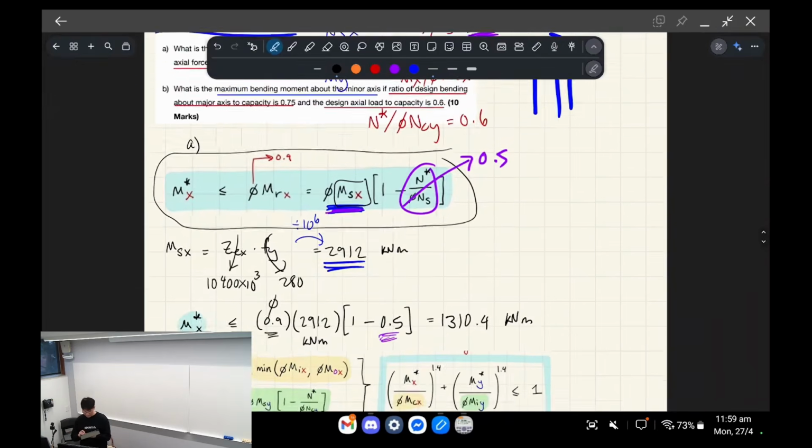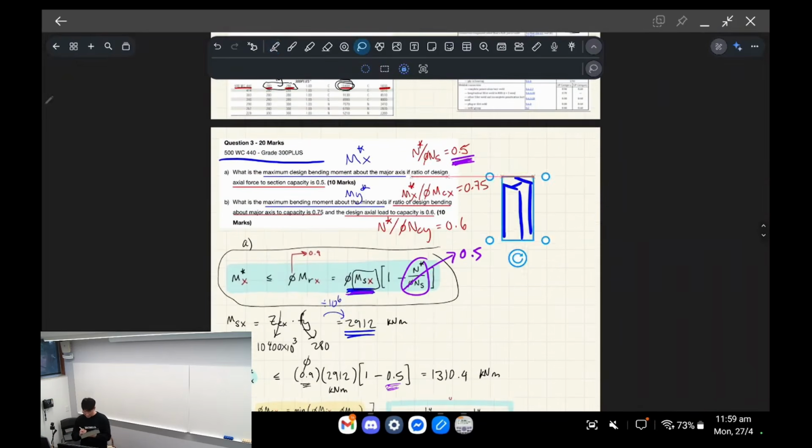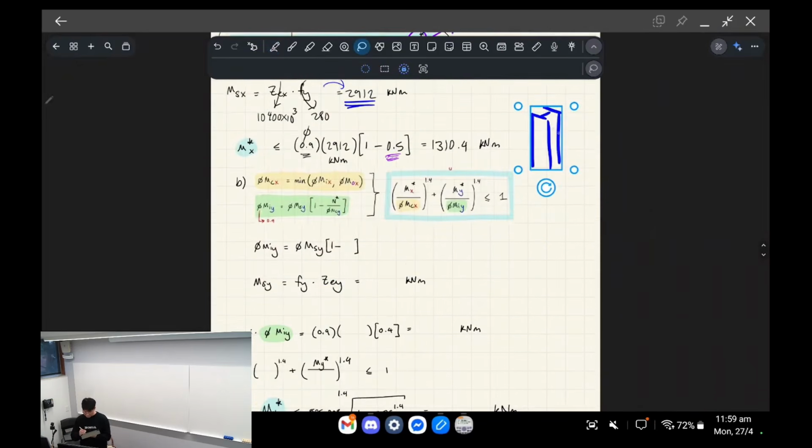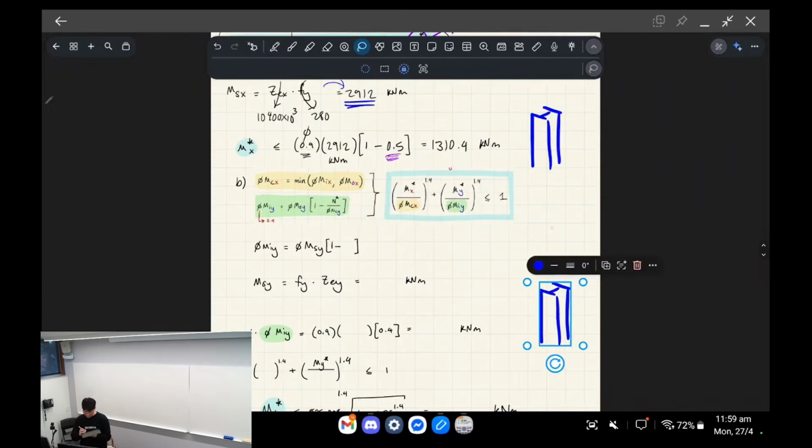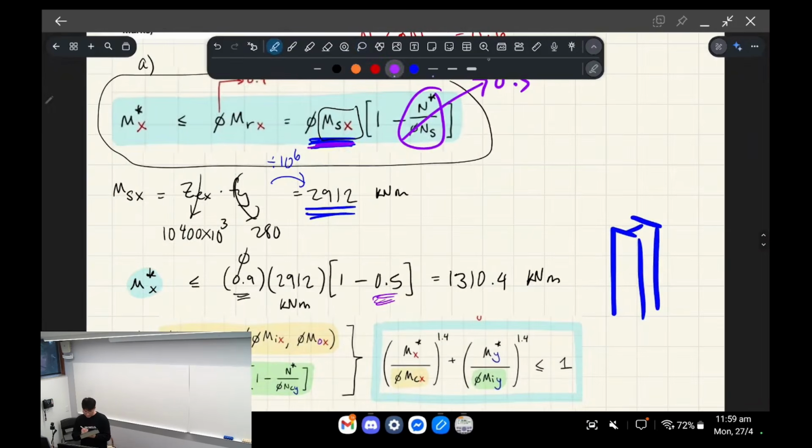Okay, so like physically, I guess what this looks like. I'm going to duplicate this because I'll talk about this later as well. We've got some kind of axial force, and let's say bending in the major axis direction. Okay. We just figured out the value for Mx.